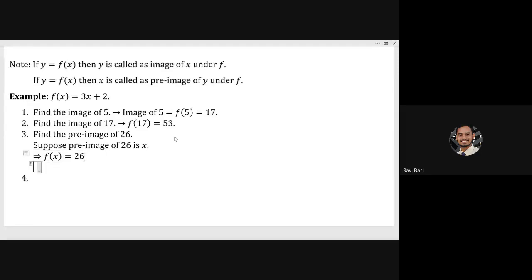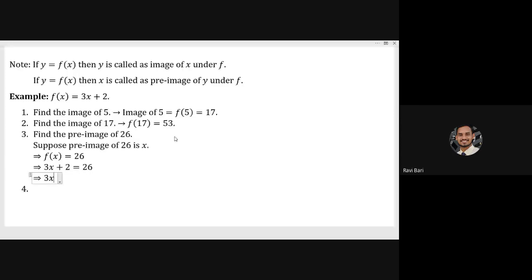Now what is f of x? f of x की value क्या है? 3x plus 2, and this is equal to 26. Now you have to find the value of x. 3x is equal to 24.